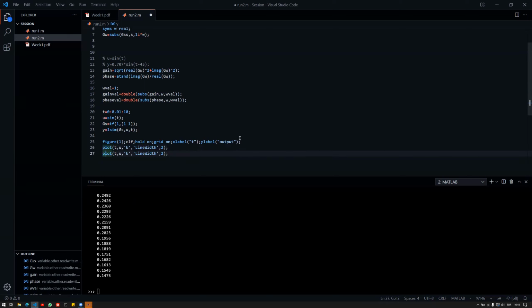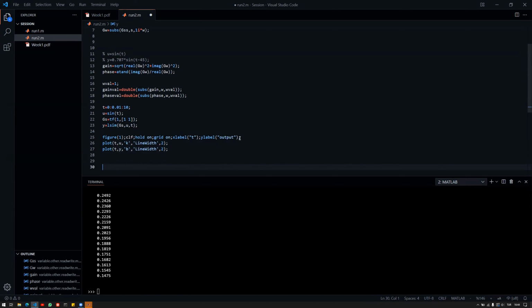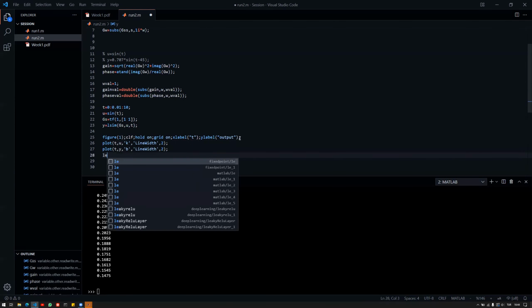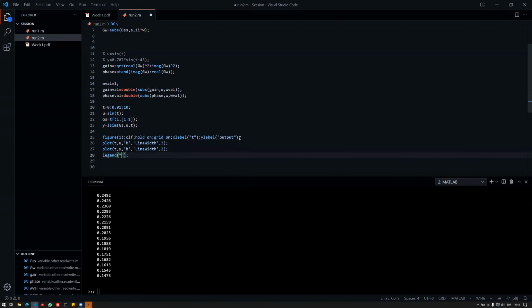And the output, which is basically blue. And yeah, let's also say that this is sine of t, and then this is 0.707, or let's make it more general.